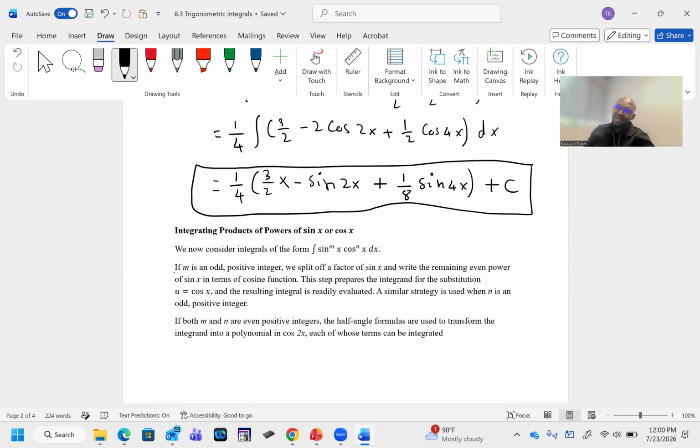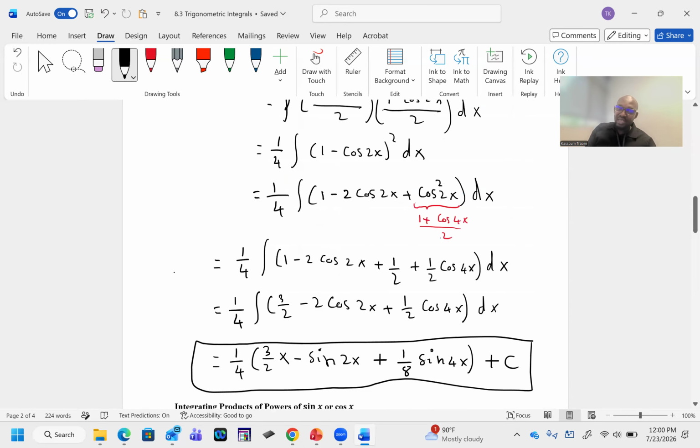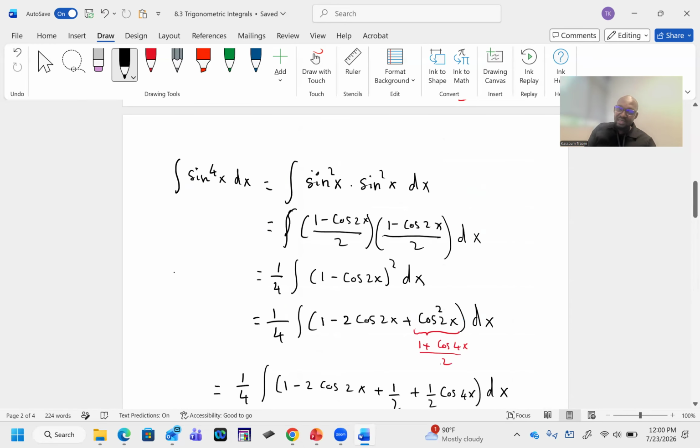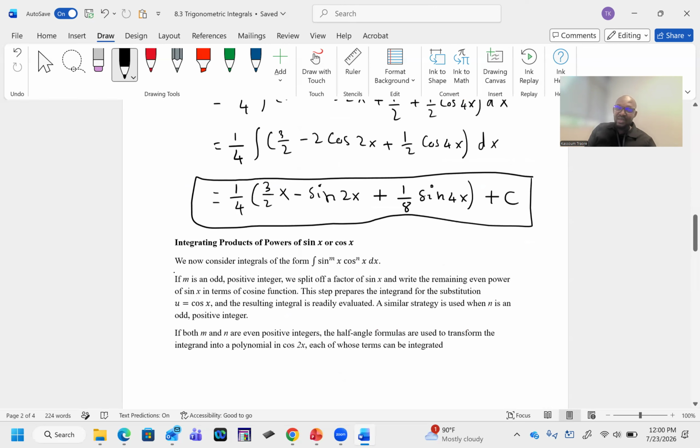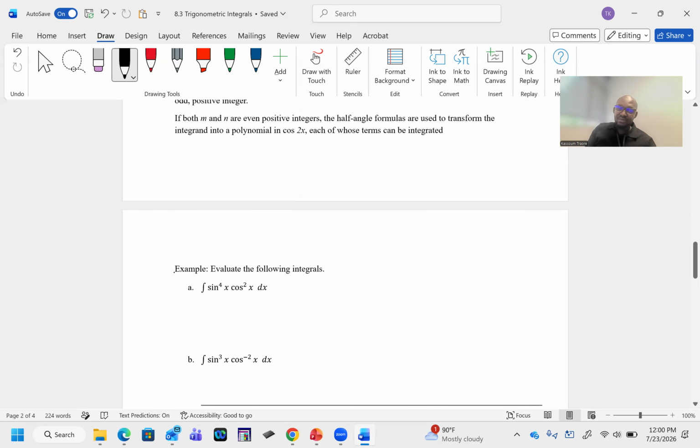But if both m and n are even integers, the half angle formulas are used to transform the integrand into a polynomial in cosines of 2x, each of whose terms can be integrated, just like we did with the one here. Do you understand? So let's go and do these two examples.